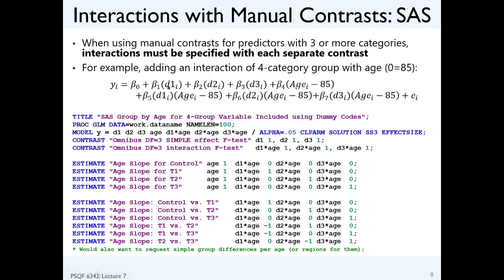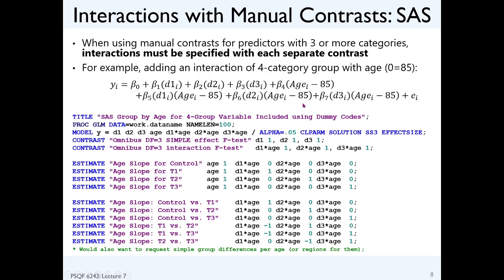So we have control, treatment 1, 2, 3 given by these dummy codes as described earlier, but now I'm adding in another predictor for the linear effect of age. In this case, we're talking about older adults, and so age is going to be centered at 85. And I'm adding in interactions between age and group.